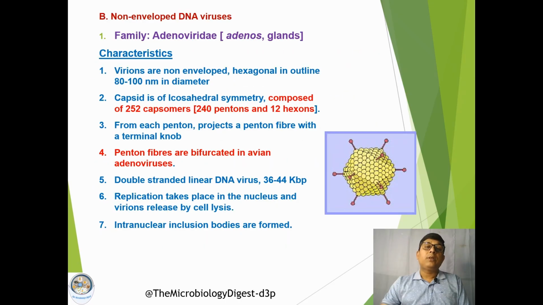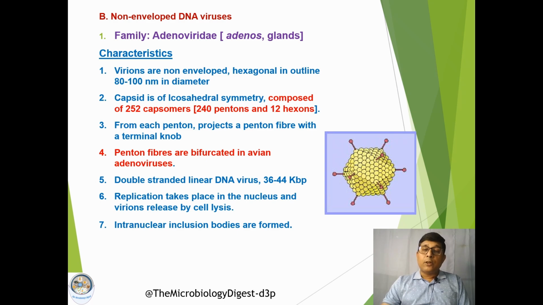Now we'll switch to the non-enveloped DNA viruses. First is the Adenoviridae. Here adeno means these viruses mostly affect glands. The characteristics of this virus include being non-enveloped, hexagonal in outline, with icosahedral symmetry, and the capsid is composed of 252 capsomeres.